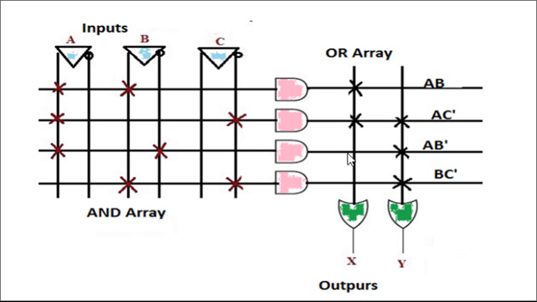Most important thing to recall: in PLA both AND and OR arrays are programmable. In PROM the AND array is fixed and the OR array is programmable. In PAL the OR array is fixed and the AND array is programmable.